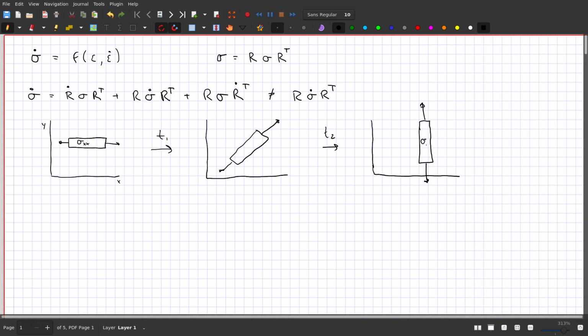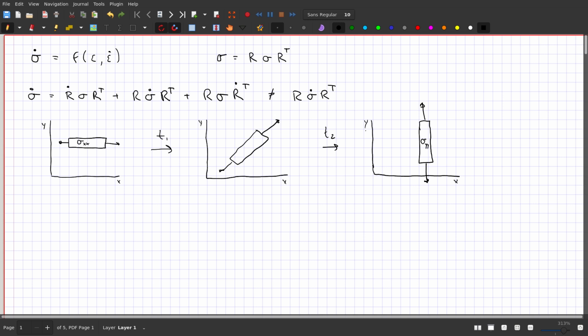And now what was sigma xx is sigma yy, right? Because, again, this is x and y, x and y, right? So we had our bar, we pulled on it, we had a fixed stress, and then we rotated it.